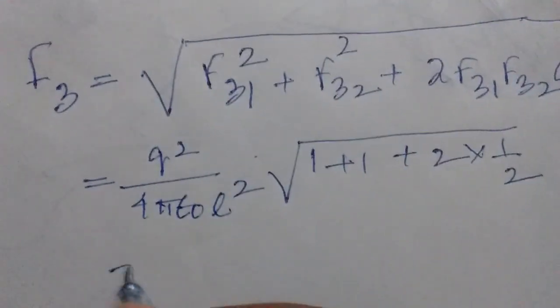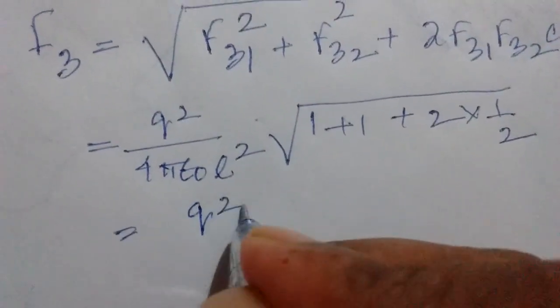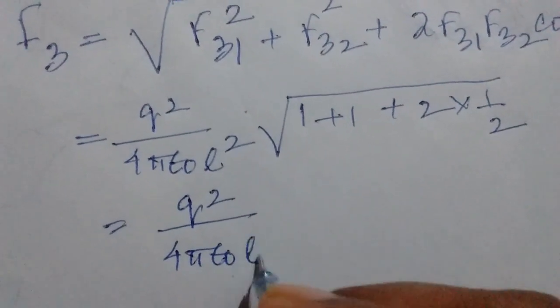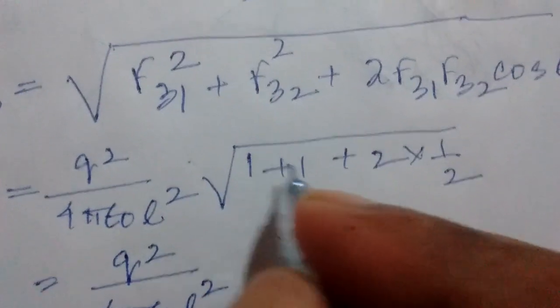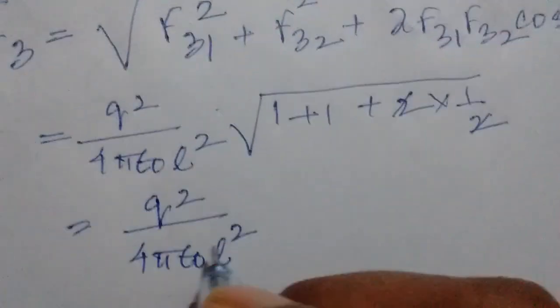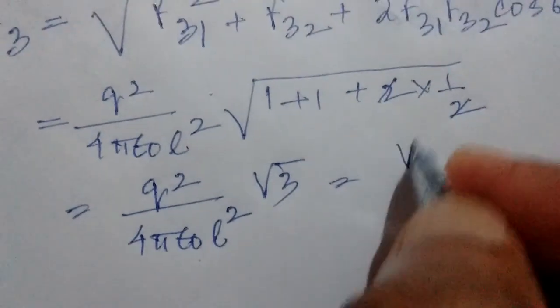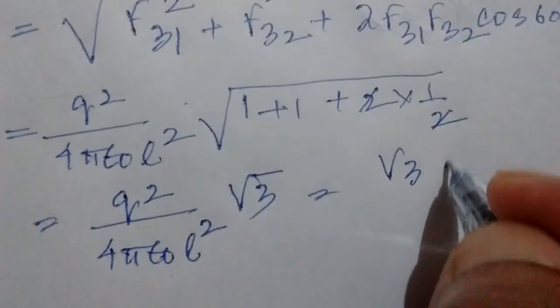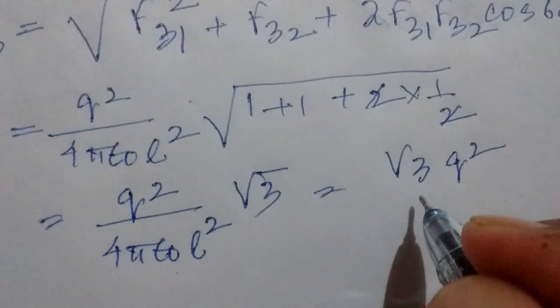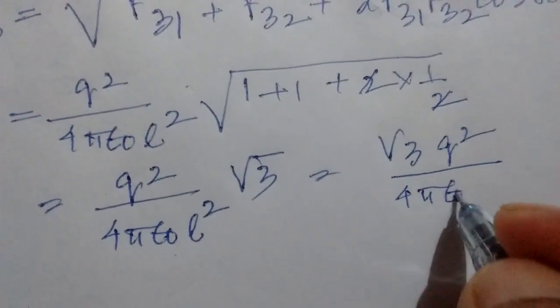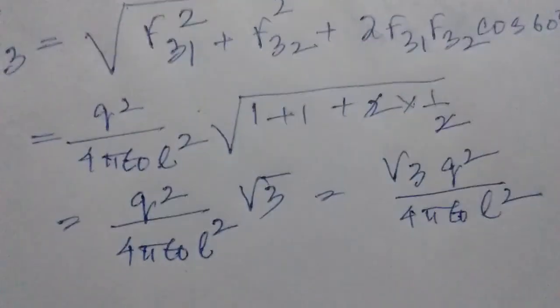Now it is q square by 4 pi epsilon naught L square, root of 1 plus 2, which gives root 3. So the total force is root 3 q square by 4 pi epsilon naught L square.